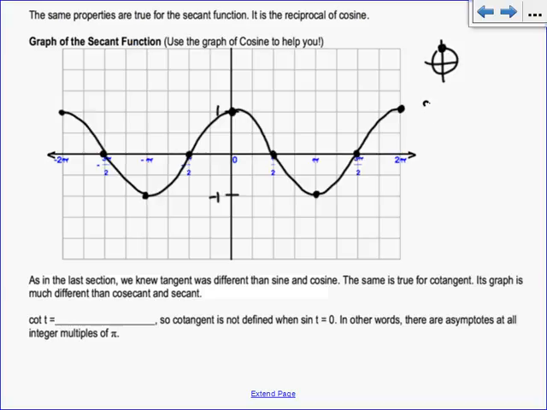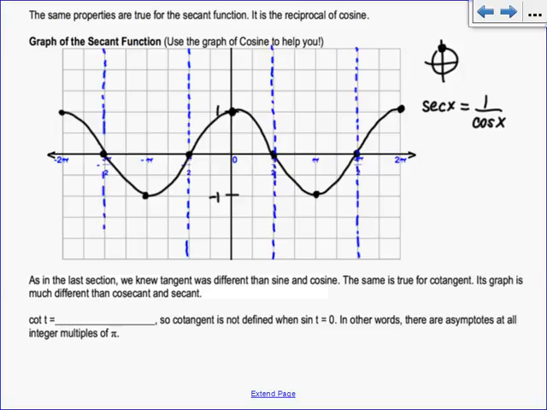Okay, so secant is going to be the reciprocal of cosine. So if cosine was equal to 0, that's where we have a vertical asymptote. So that's the first thing we draw, vertical asymptotes, and it happens where cosine was crossing the x-axis. Then from there, it's super simple.